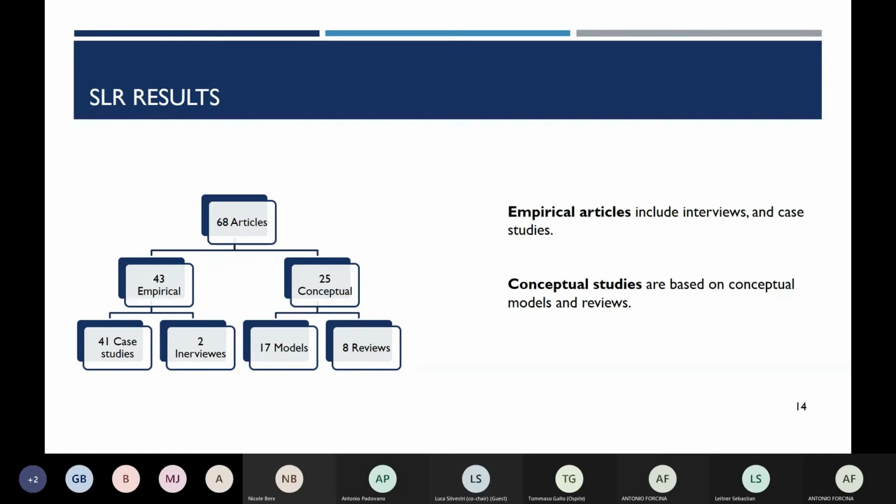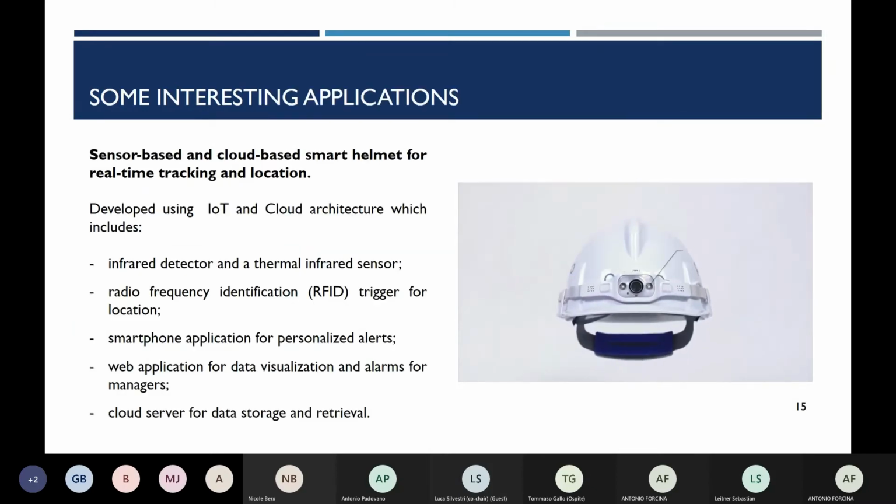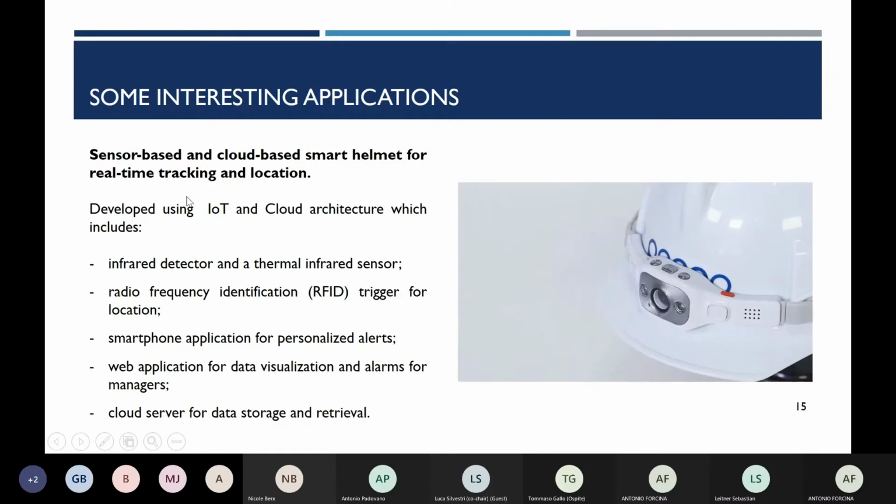Among the analyzed documents, some interesting applications were chosen in order to show some remarkable results. The first one is a so-called smart helmet, for real-time tracking and location.